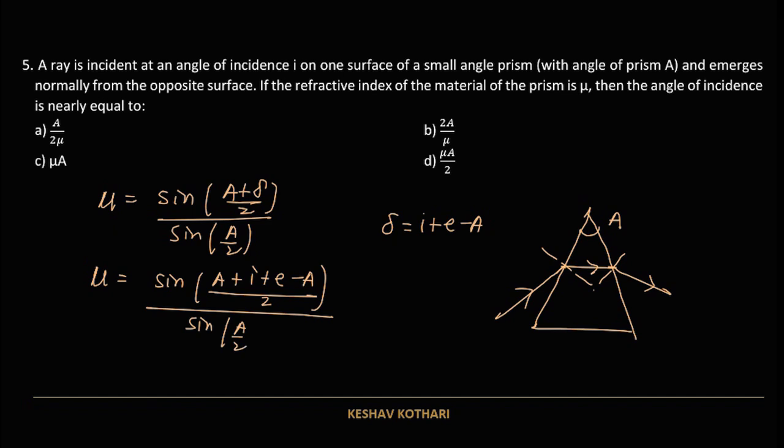Over here the value of e is equal to 0, because the problem is stating that it emerges normally from the opposite surface.